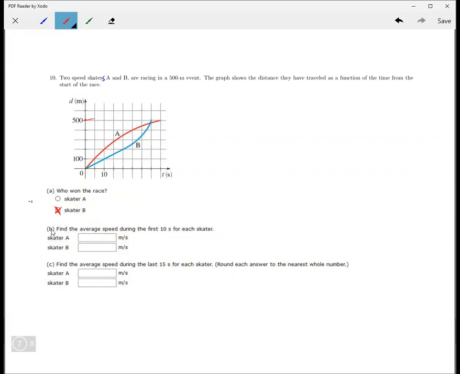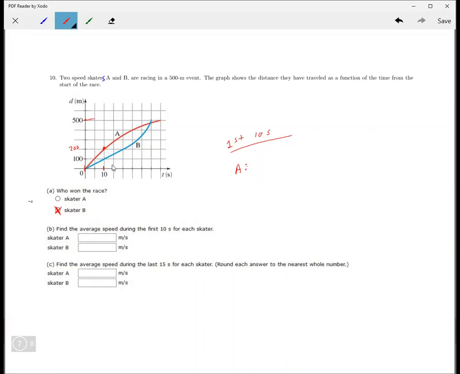Part B: find the average speed during the first 10 seconds for each skater. That's from 0 to 10. For skater A, in the first 10 seconds, they covered 200 meters. The scale is 100, 200, 300, 400, 500.